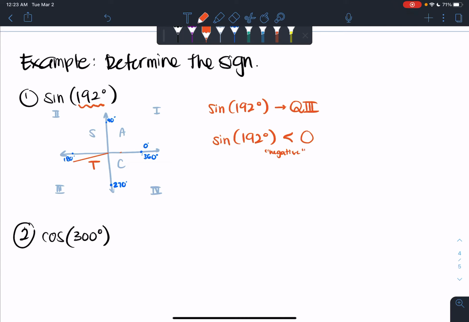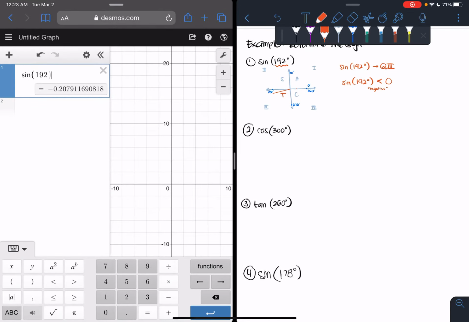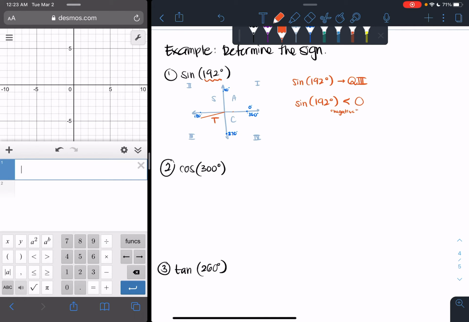Okay, you can use your calculator to verify that that is indeed a negative value. So let's throw it in, sine 192. Are we in degrees? Yes, we are. And it is indeed a negative value. Awesome stuff.